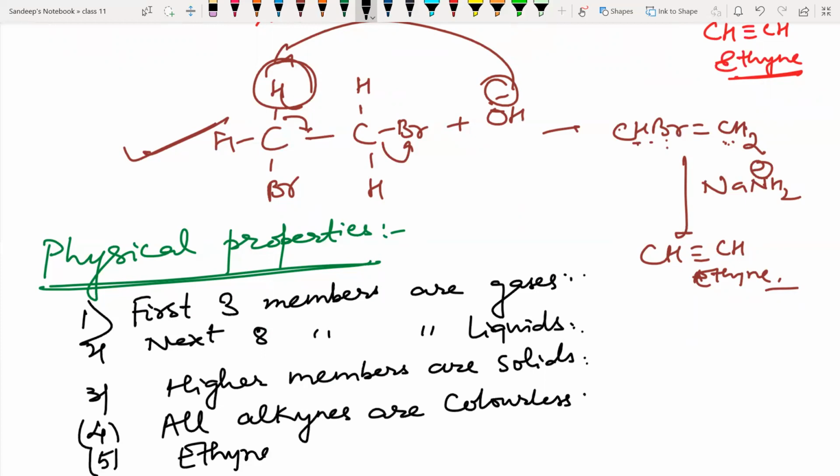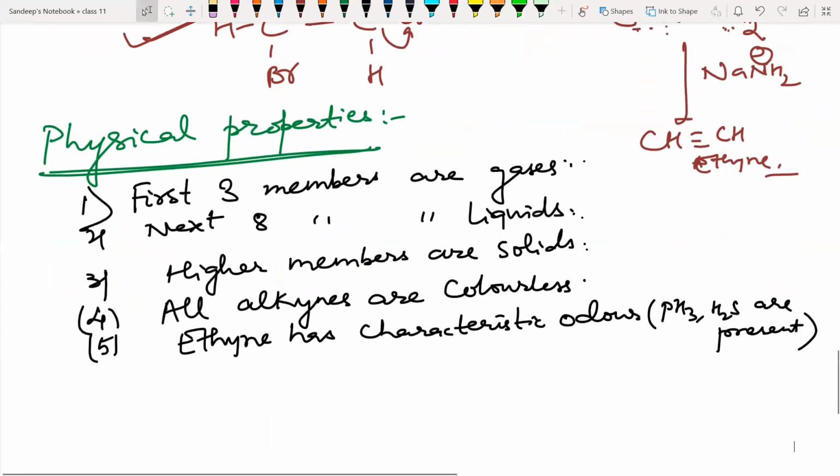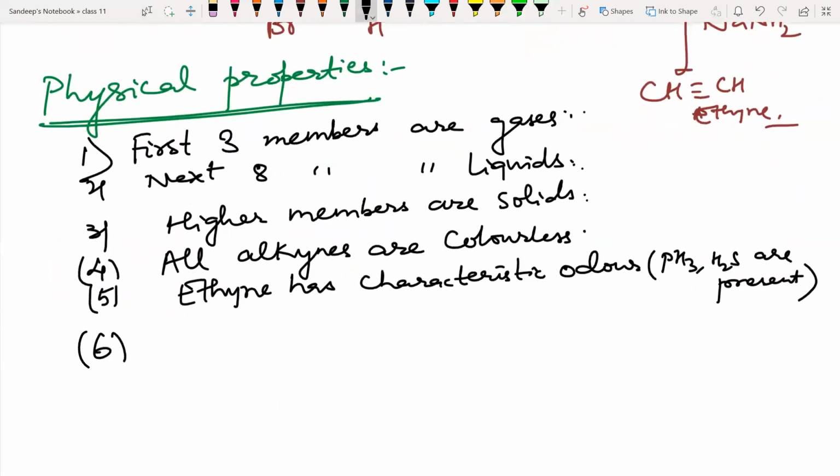Ethyne has a characteristic odor due to the presence of phosphine, hydrogen sulfide, etc. So it has a garlic-like smell. Other members are odorless.